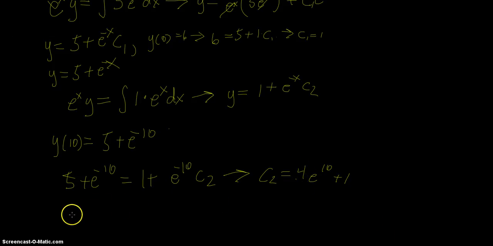Alright, now that tells us y equals 1 plus 4 times e to the 10 plus 1 times e to the negative x.